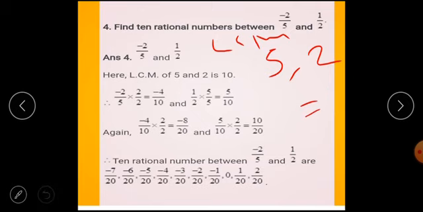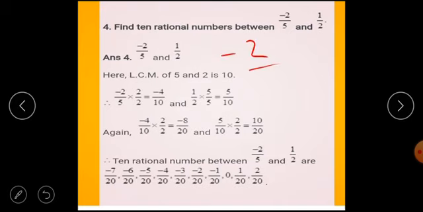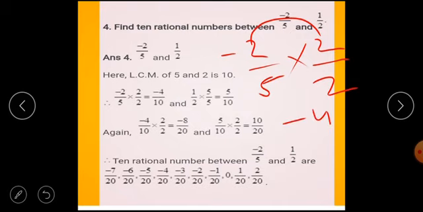Now our first rational number is minus 2 upon 5. To make its denominator 10, we will multiply and divide it by 2. So I will get minus 2 into 2, that will be minus 4, and 5 into 2, I will get 10. So I will get minus 4 upon 10.